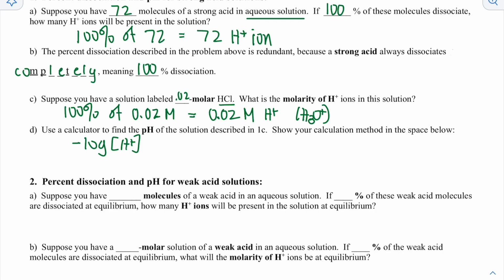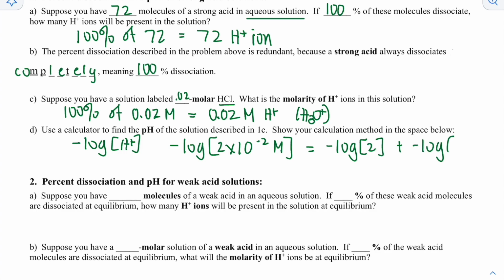And we can change the form of 0.02 to make this work a little bit easier. So we're taking the negative log of 2 times 10 to the negative 2 molar. And seeing it in this form should make this a doable problem for you, because remember that you add the logs together when they are multiplied.